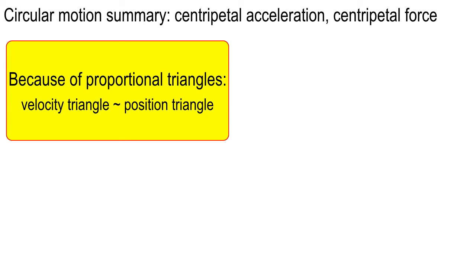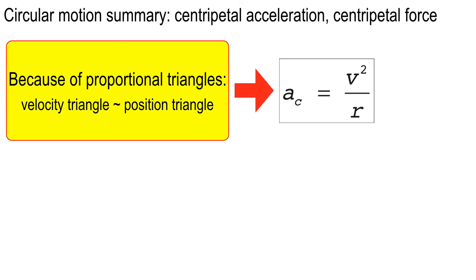And therefore, if you make a ratio of short to long or base to isosceles, it's going to be the same for both triangles. And that similarity geometrically can be interpreted, if it's uniform circular motion, as the centripetal acceleration.